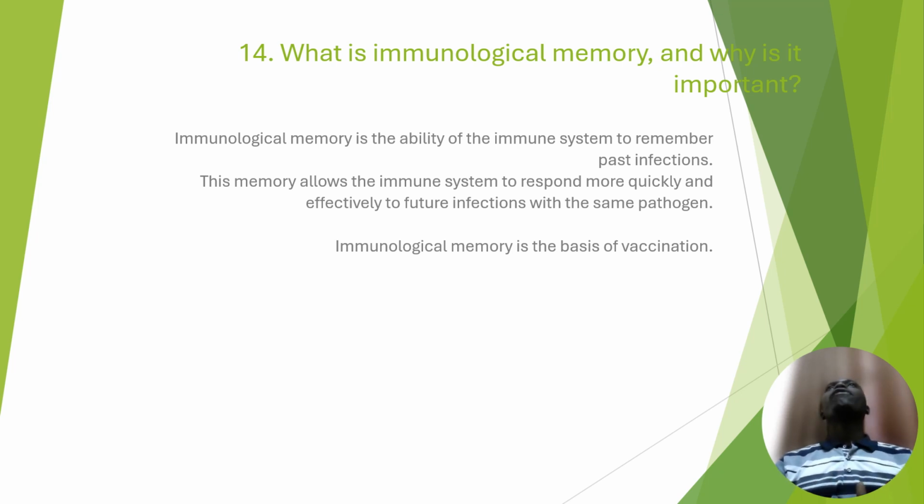This means if the infection comes again, at the second encounter it will be recognized by the memory cells which have been produced, so as to prevent damage, inflammation or disease. These memory cells allow the immune system to respond more quickly and effectively to future infection with the same pathogen. This is important because it is the basis of vaccination, as I have said.